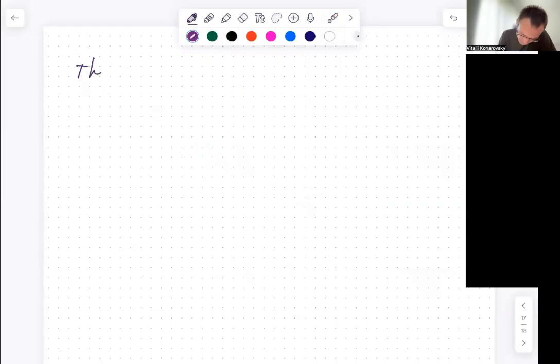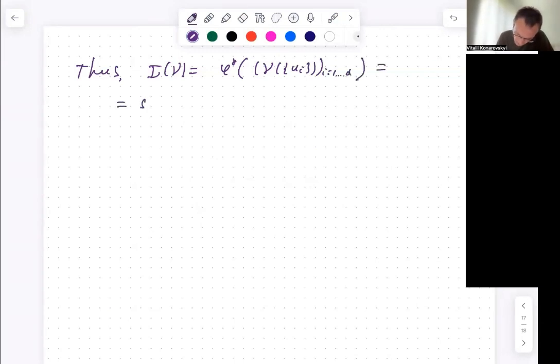Thus, you have that I of nu is a Fenchel-Legendre transform. It is phi, I'm sorry, it is phi star of the vector nu of u_i, i from 1 to d, and it is equal to the supremum over all lambda from R^d of the sum, i from 1 to d.